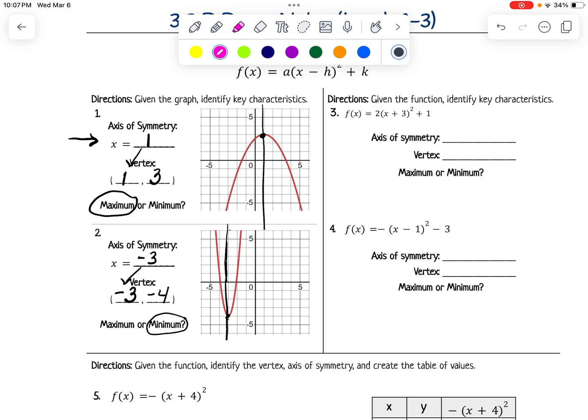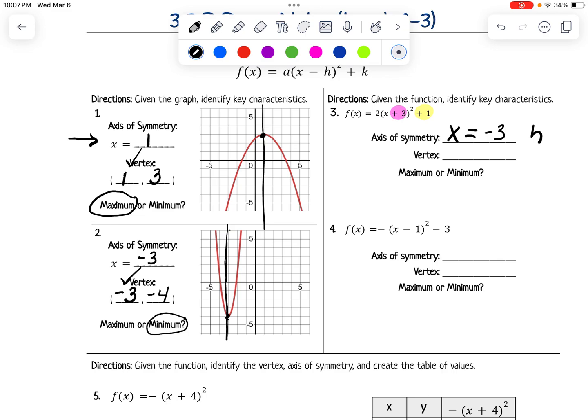And remember, this is where you find your h, and this is where you find your k. So your axis of symmetry is always x equals, and this is your h value. And in the pink, we have our h value, but we must remember that we have to change the sign.